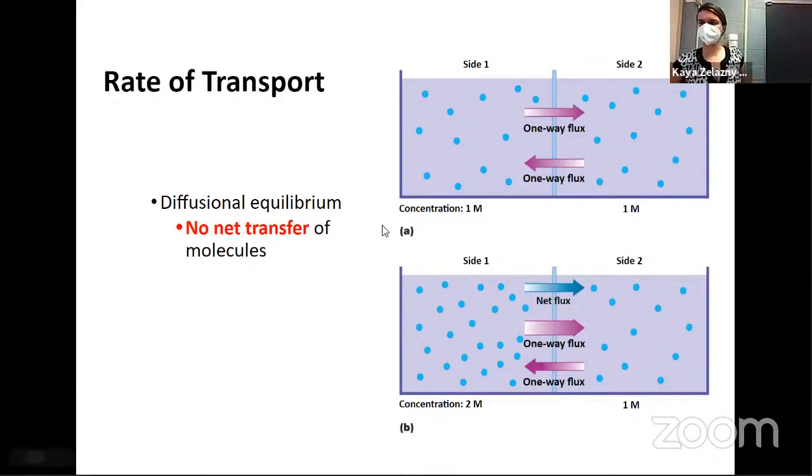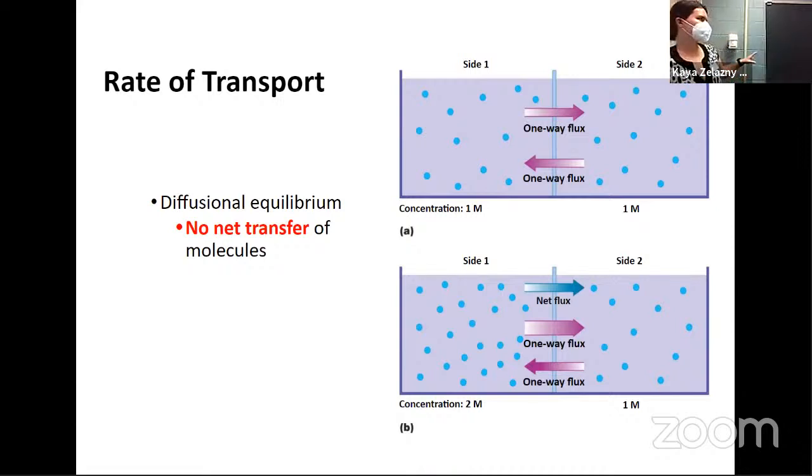And for right now, we're thinking just about chemical concentration, right? So we see chemical concentrations here. We might have some movement in one direction, but if our concentrations are the same, the flow in the other direction will equally balance it. So we'll be at diffusional equilibrium.